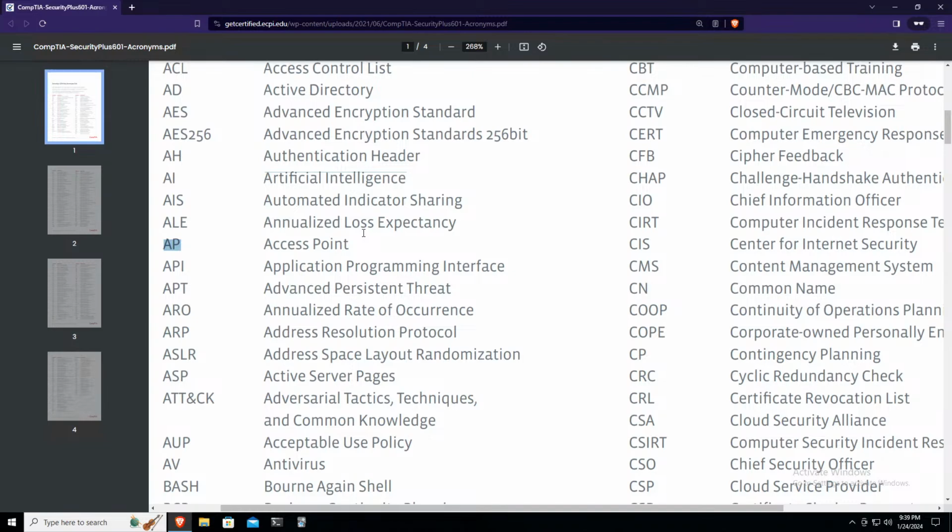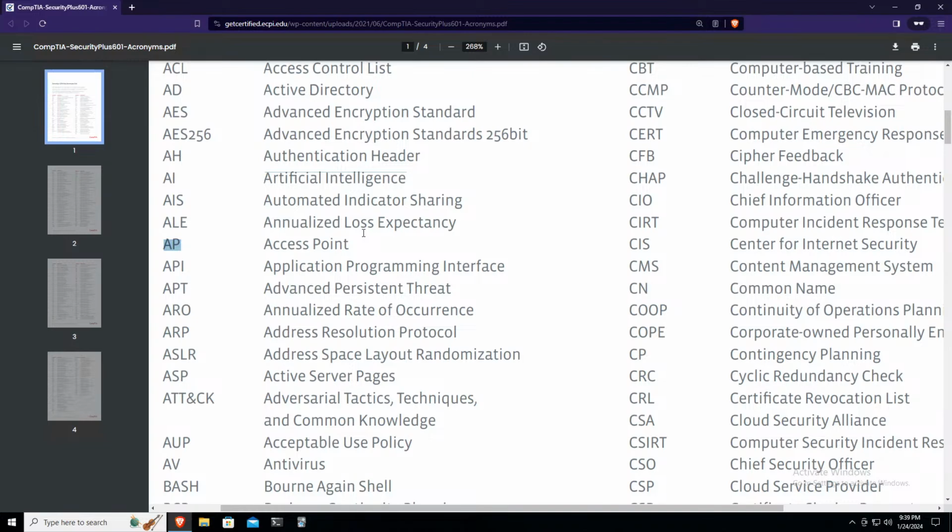It depends on the building's blueprints, and access points can be set up in various ways or modes. They can act as repeaters. They can act as routers. They can act as just a point of access. You can even connect an Ethernet cable to them.